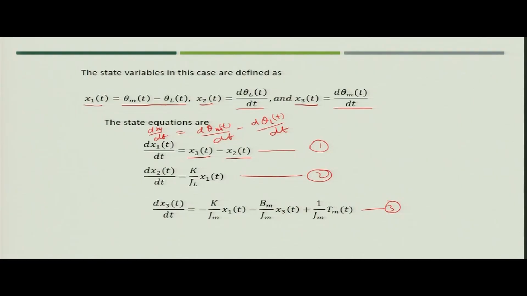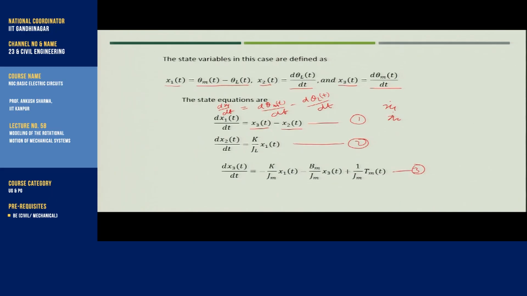Now, you can compile it in state space format. So, what you can write: x1 dot, x2 dot, x3 dot equal to the matrix A. So, matrix A you can compile easily from here by putting x1, x2, x3 here. So, what will be the value in case of first equation?